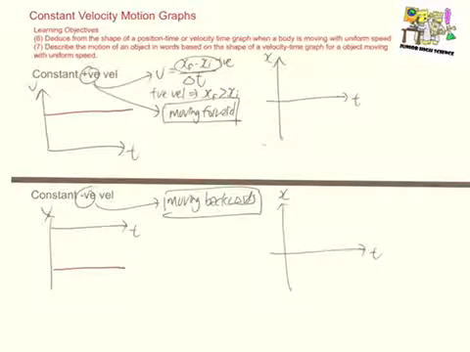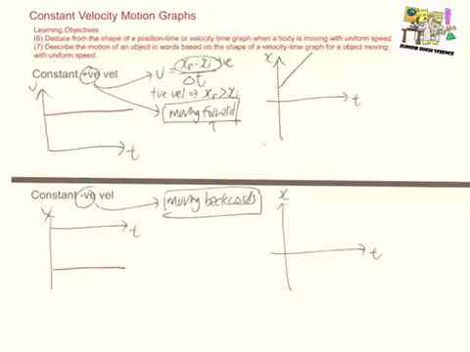Let's now look at the position time graphs for these two scenarios. For the first scenario at the top, with a constant positive velocity, as we have figured out, the object is moving forward with the position becoming more and more positive as time passes. This means that the position time graph is an increasing straight line.